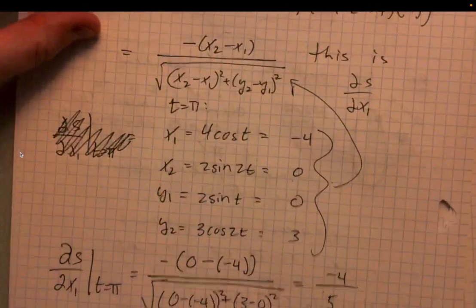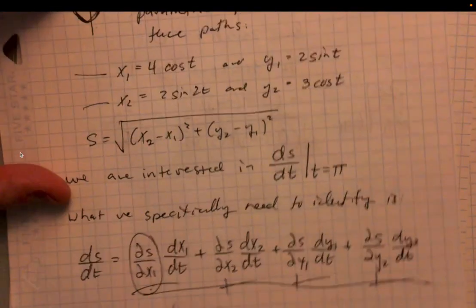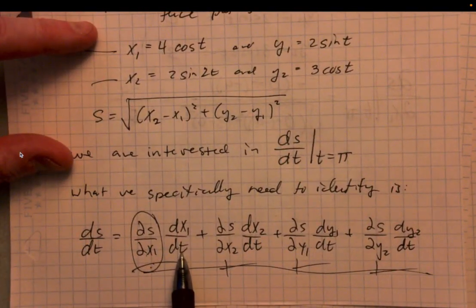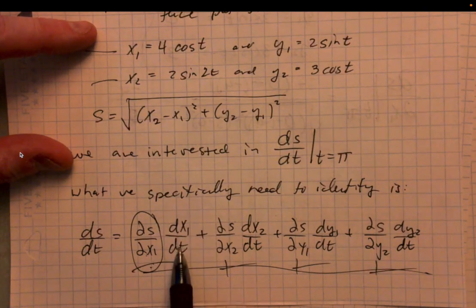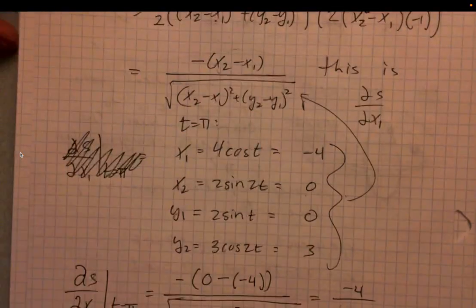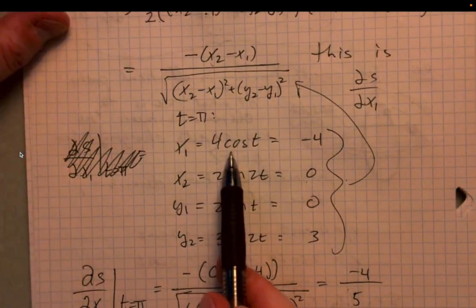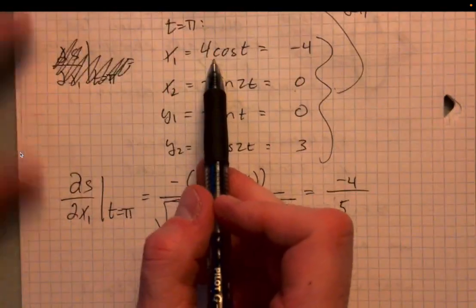Okay, but how do we get this piece of the expression, the derivative of x1 with respect to t? Well, that's just going to be the derivative of this guy, isn't it? And then plug in t equals pi.